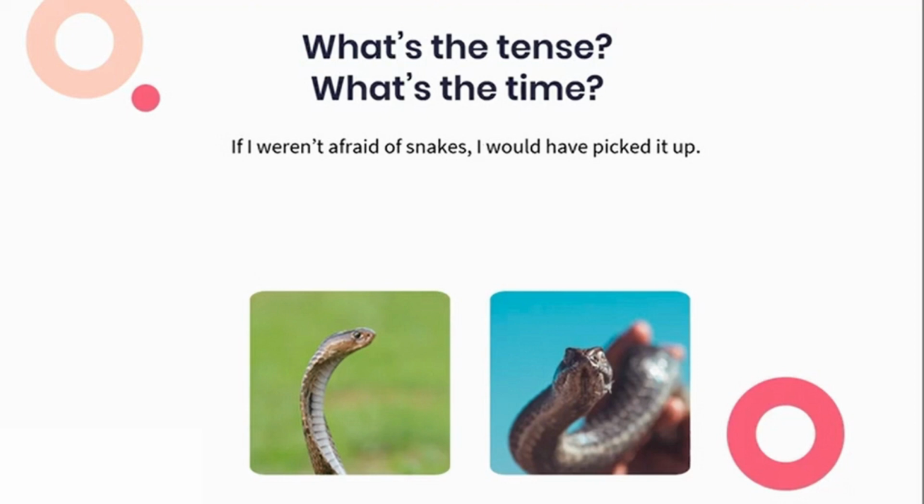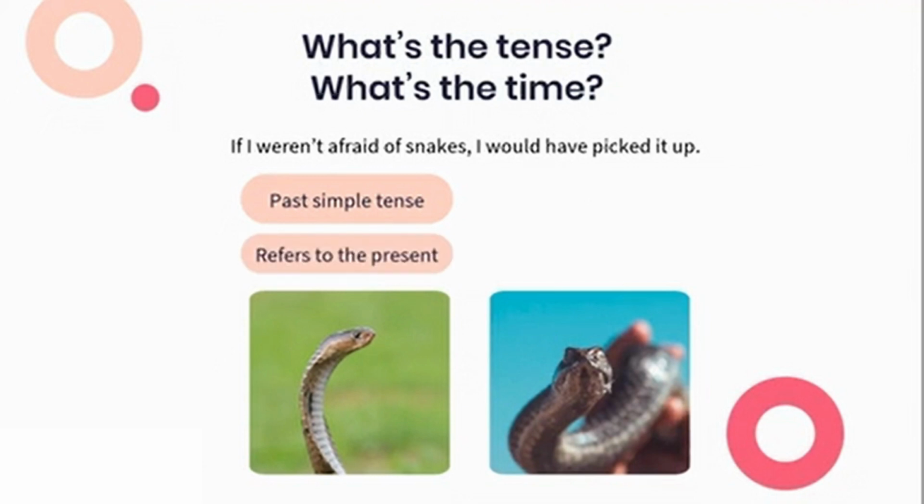In what tense is it? It's in past simple tense. But to what time does it refer? It refers to the present, because I am still afraid of snakes now.